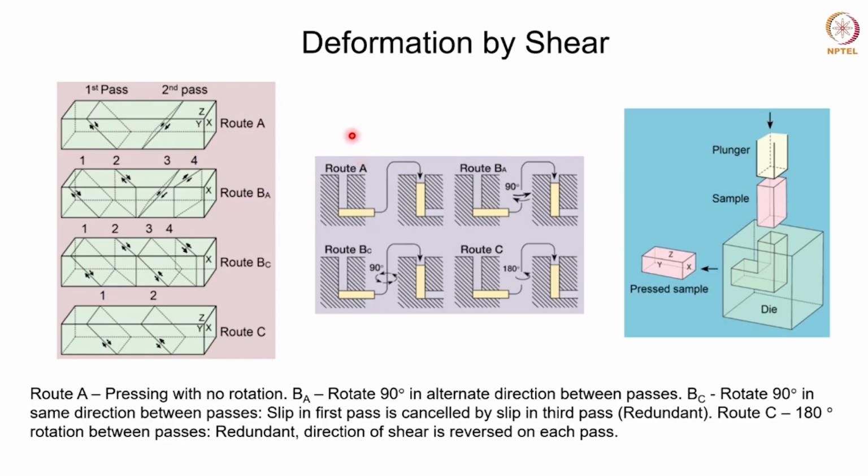In the first pass you deform the material, take it out, and then again insert it inside the die without rotating it. Now if you rotate it, then you have the other ECAP routes. For example, in route BA, the workpiece is rotated 90 degrees in alternate directions between passes.